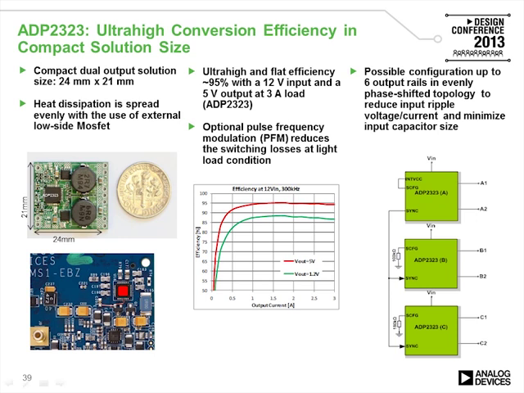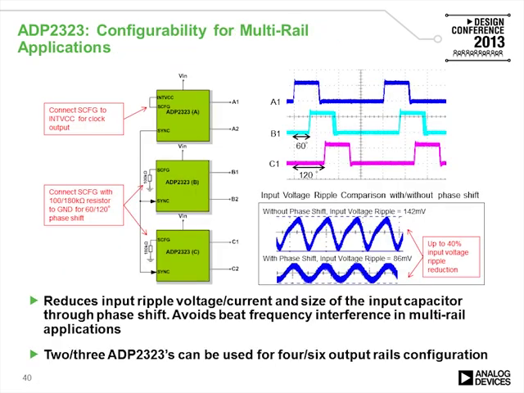The solution that we have is right over here, where the red dot is the device, and it's a little bit more spread out because we did have a little bit of extra room on the platform. So in terms of multi-rail applications, we do have the option to connect multiple 2323s together with the synchronization input, and that will ensure that all the switching frequencies are slightly out of phase, to try and minimize the input voltage ripple.